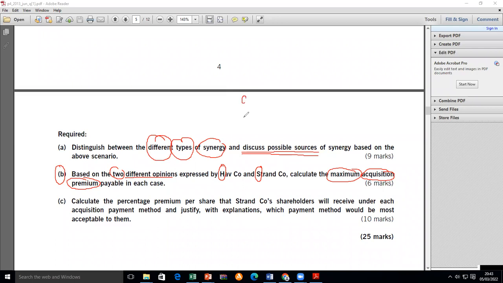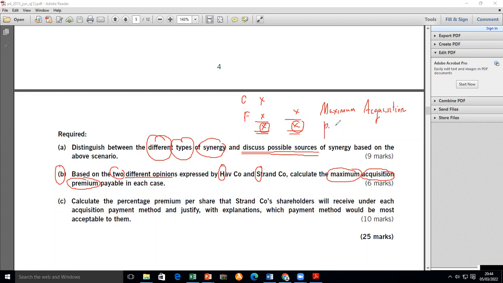So we now know that this takes us to a situation where these companies are operating independently, and their value is low compared to the combined. This concept of maximum acquisition premium is something you have come across before, and it should not stress you.